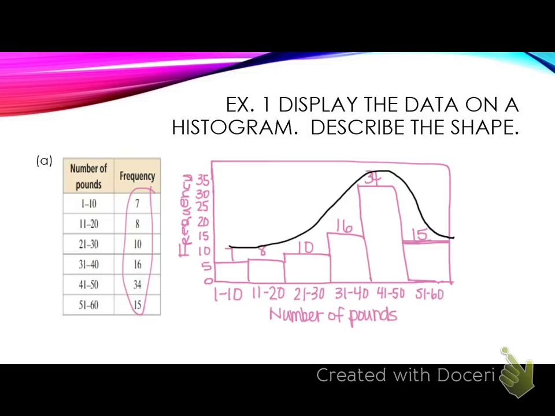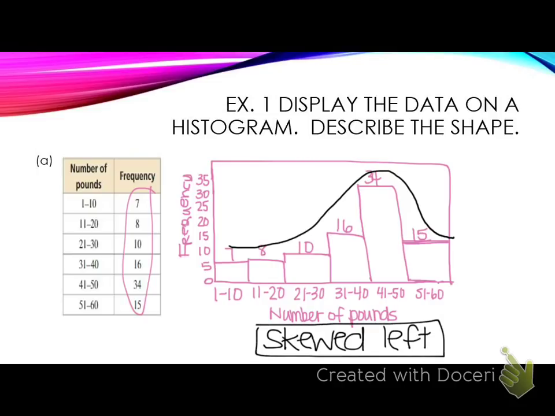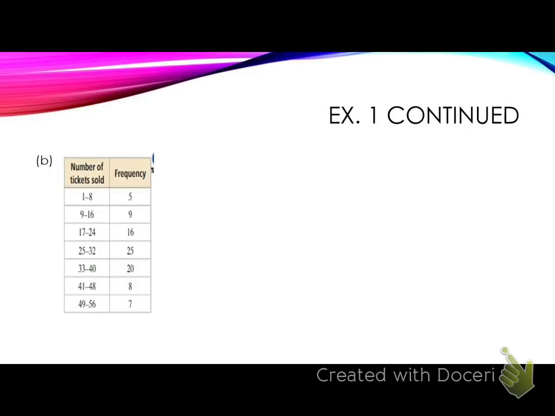So this makes our histogram skewed left. Describing the shape is just telling that it is skewed to the left. Now go ahead and pause and draw your own histogram for letter B, and then come back and see if it matches up with mine.